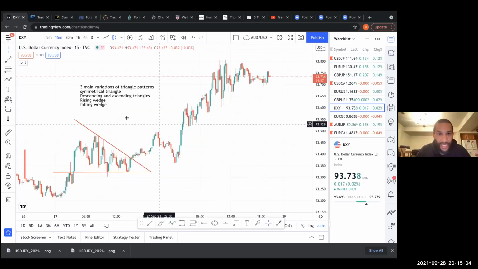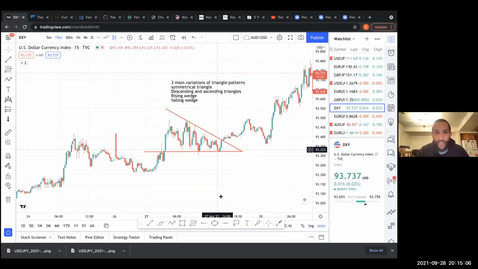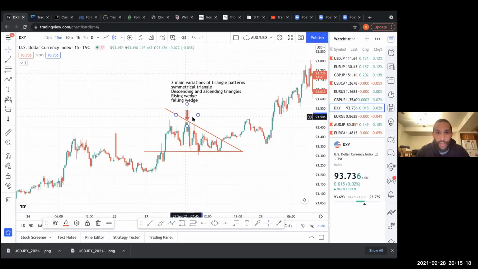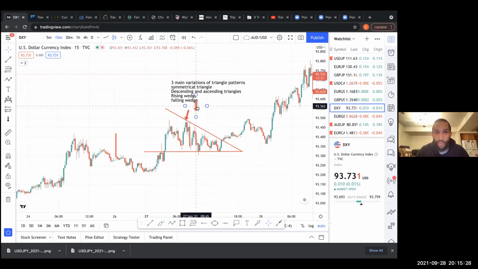Me personally, I like to wait. And I would call these, well, let me change that, I would call these major resistance levels right there. So I would wait for it personally, this is me personally, I would wait for it to hit the top of my trend or the bottom of my trend. That's what I'm looking for right there.